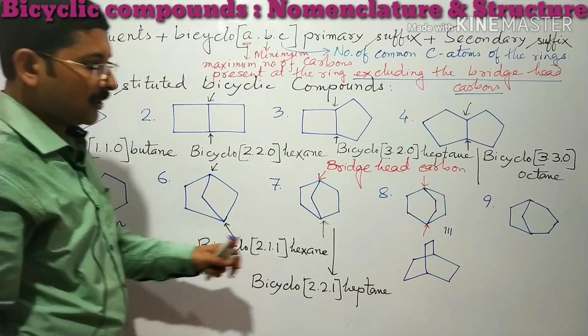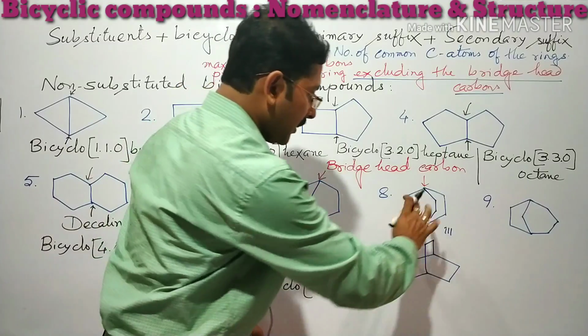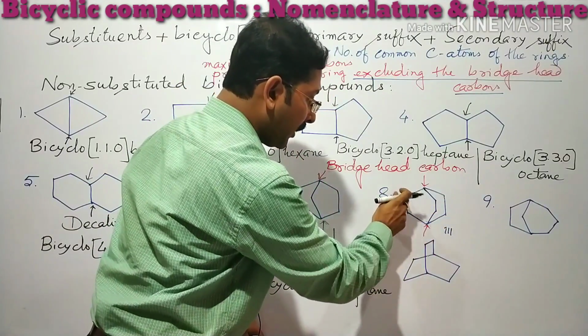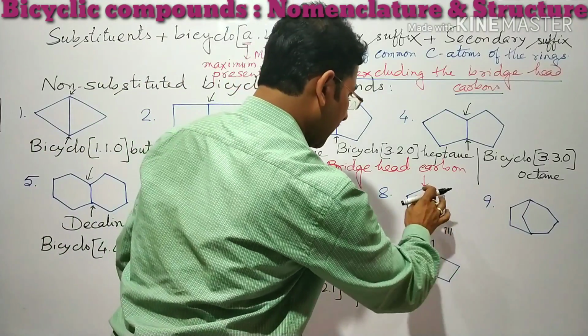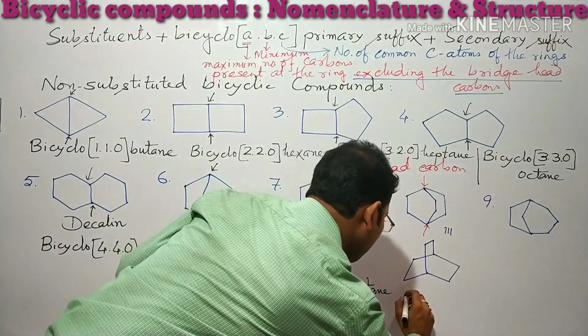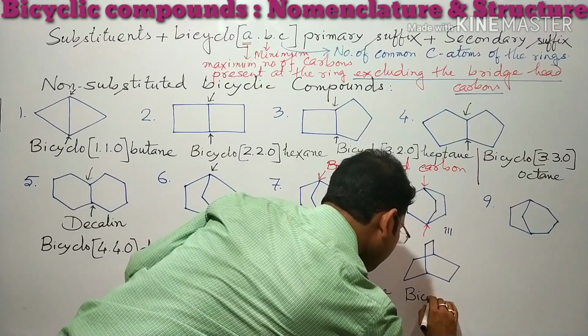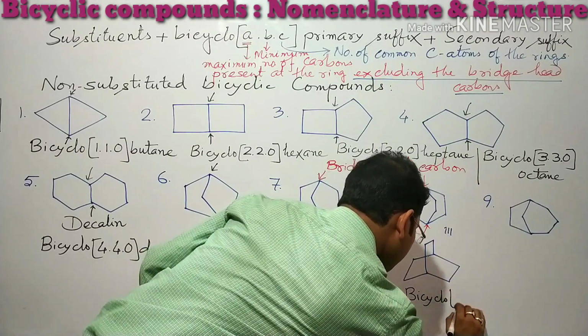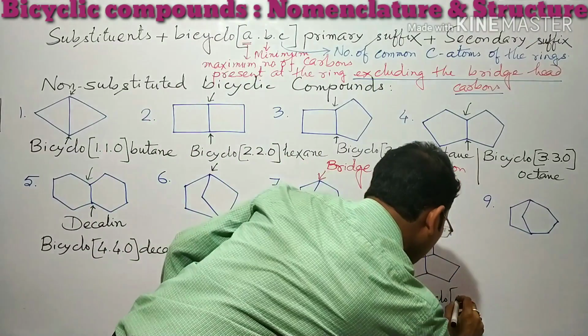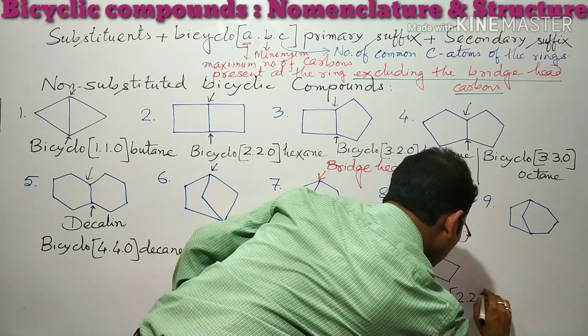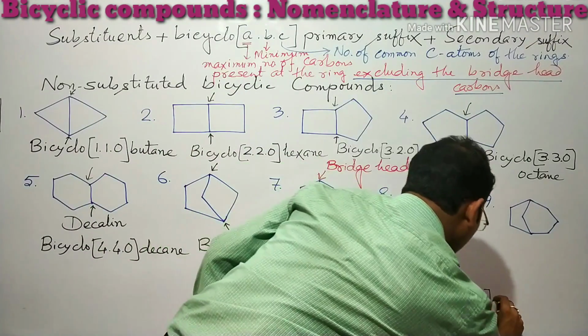Okay, next, what about this one? There are 2 bridgehead carbons, 1 2 3 4 and 5 6 7 8. This is bicyclo, 2 carbons everywhere. So this is 2.2.2, total 8 carbons, octane.